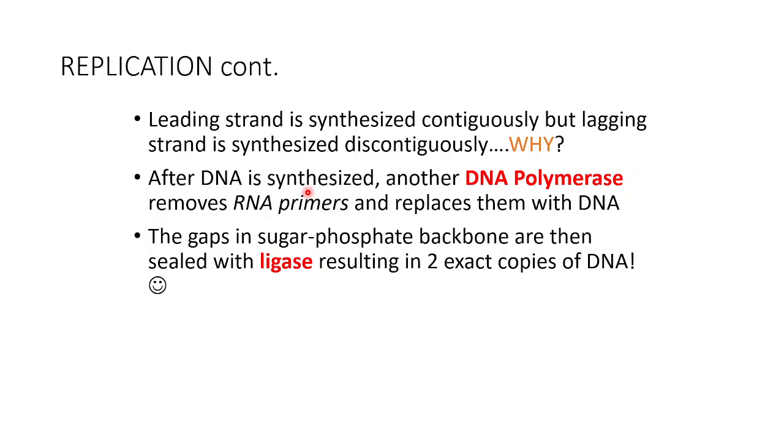Whereas for the lagging strand, it has to take the help of the 5' to the 3' strand, but it cannot synthesize in the 3' to 5' direction. So it has to generate small fragments of DNA in the 5' to the 3' direction, and that is known as the Okazaki fragments.